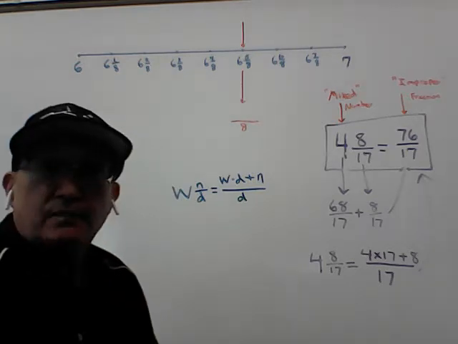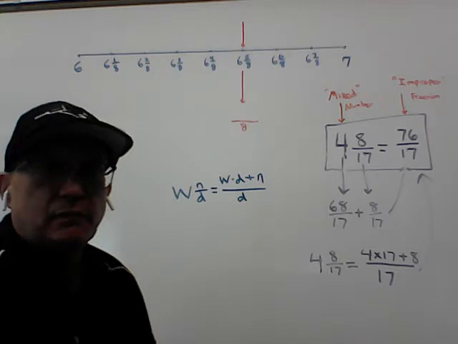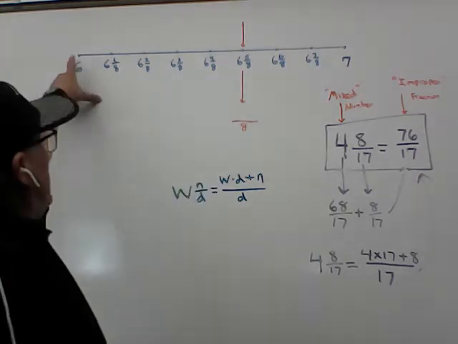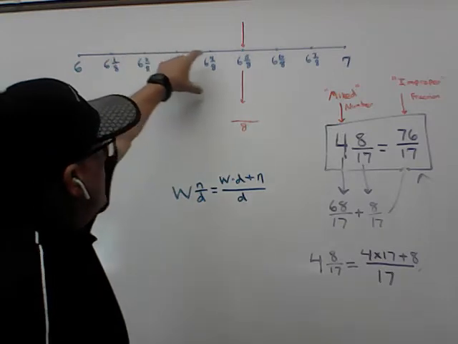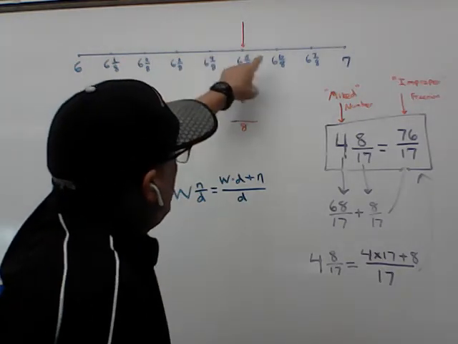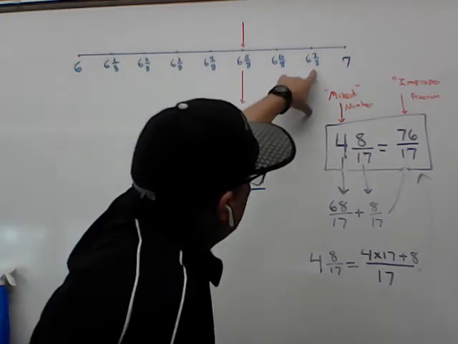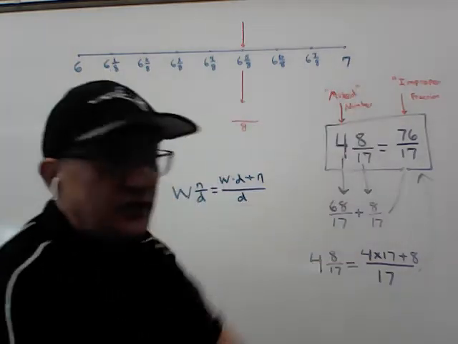I constructed up above an eighths number line between 6 and 7. So here's the whole number 6, and then 6 and 1/8, 6 and 2/8, 6 and 3/8, 6 and 4/8, 6 and 5/8, 6 and 6/8, 6 and 7/8, and 7.